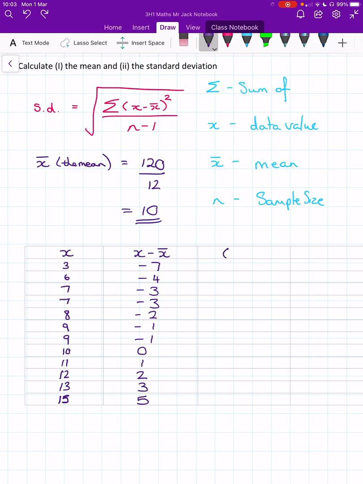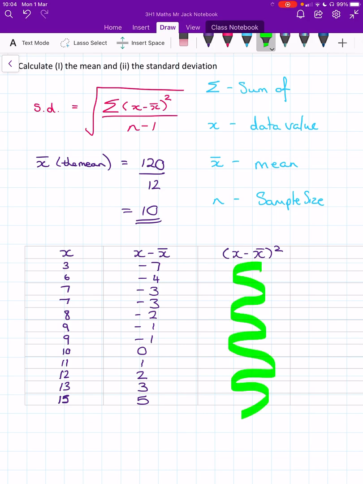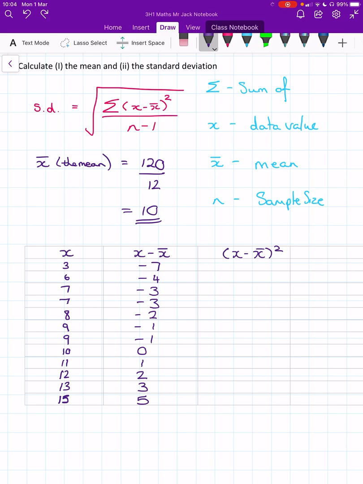So we're going to do x minus x bar squared. In other words, we're going to take all the answers in here and square them. Now, this is important, please remember it. When you are completing this, there should never be a negative answer in this column, ever, because when you square a negative number, you always get a positive answer.